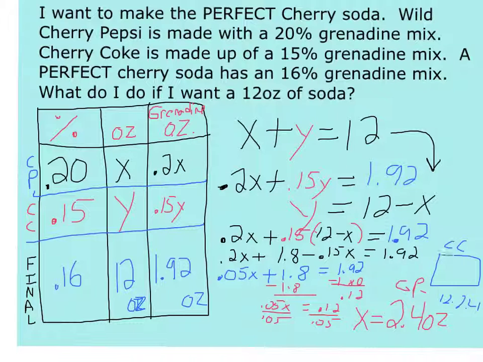So the cherry Coke will be 9.6 ounces. So my final answer is mix 2.4 ounces of cherry Pepsi with 9.6 ounces of cherry Coke, and you'll end up with 12 ounces of 16% grenadine, and in that 12 ounces, 1.92 will be all pure grenadine.